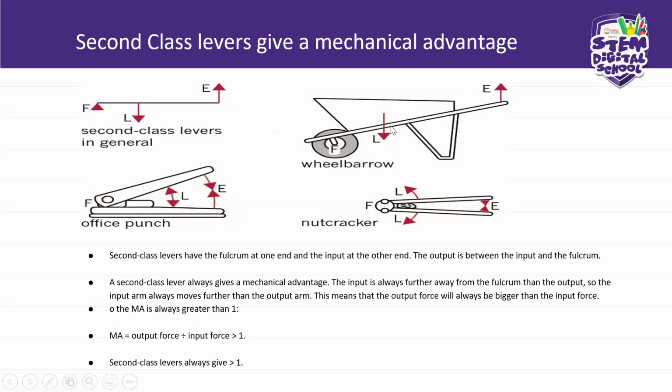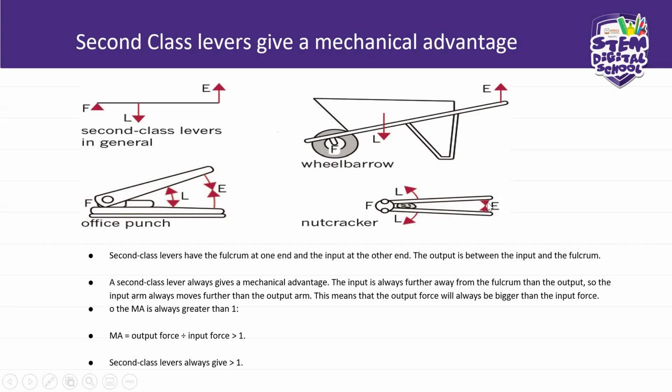When you look at the distance from the fulcrum to the output, this is the fulcrum, and the input actually has a longer arm. If you look from here to here, it gives you a mechanical advantage. Look at the nutcracker.